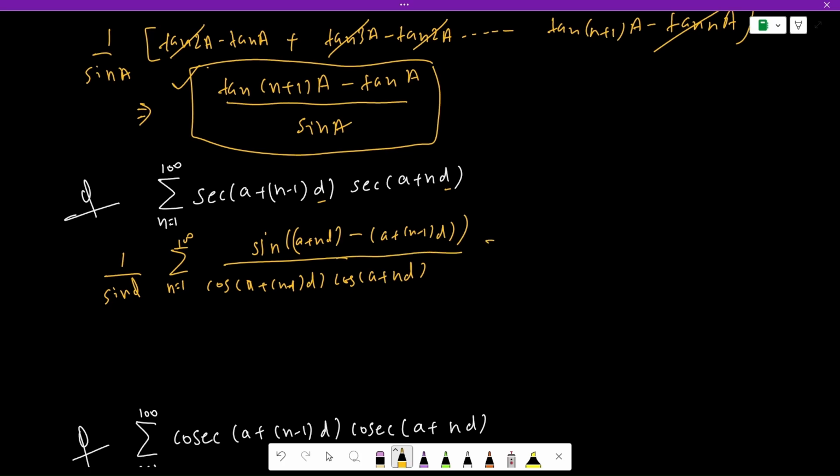Then just break them in tan values. 1 by sin d, summation 1 to 100, tan(a plus nd) minus tan(a plus (n minus 1)d).